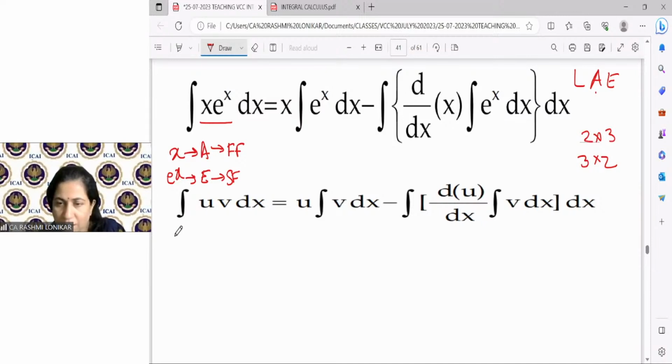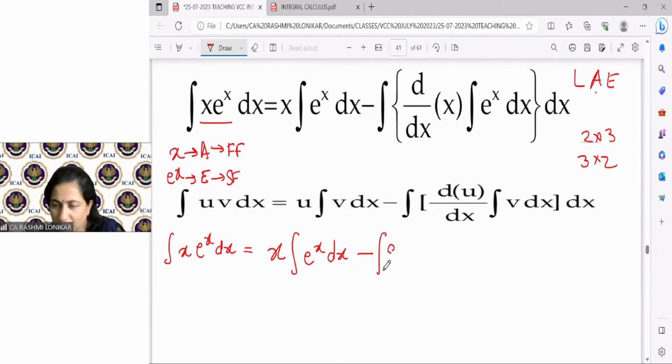So what is my integral of x e raised to x dx? It is the first function, x, into the integral of the second function, minus the integral of the derivative of the first function, d by dx of x, into the integral of the second function, e raised to x dx, and this whole thing is dx.